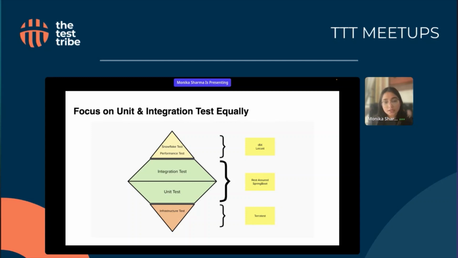Then the integration tests won't be less in number compared to the unit tests, because we are checking a lot of integration pieces. So with this strategy, we visualize that unit tests and integration tests are kind of equal in number, and the top and bottom smaller sections will be either the UI test or the static code analysis in the normal project.